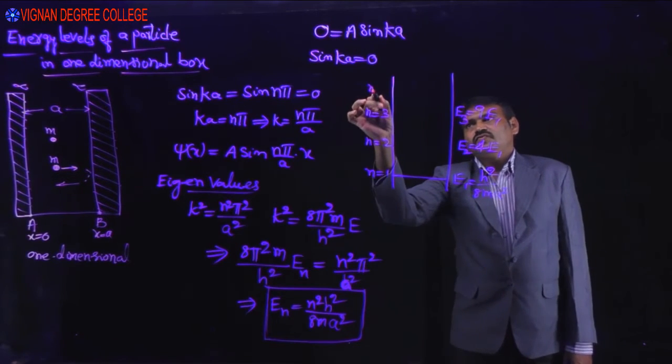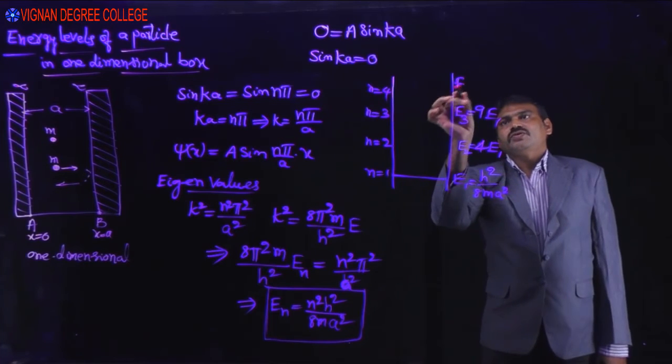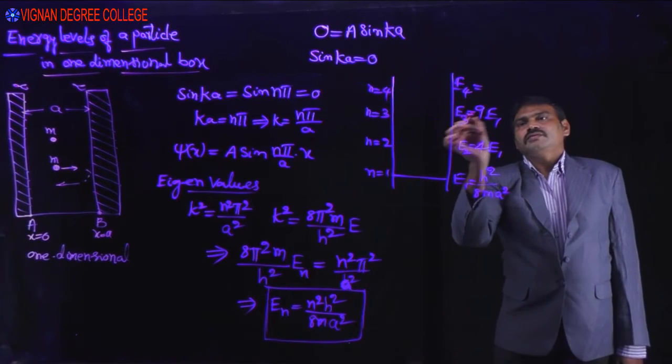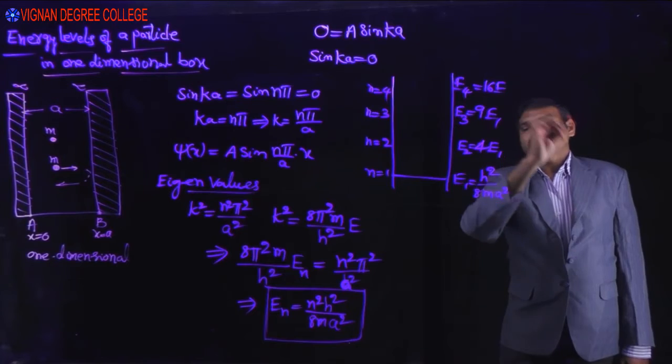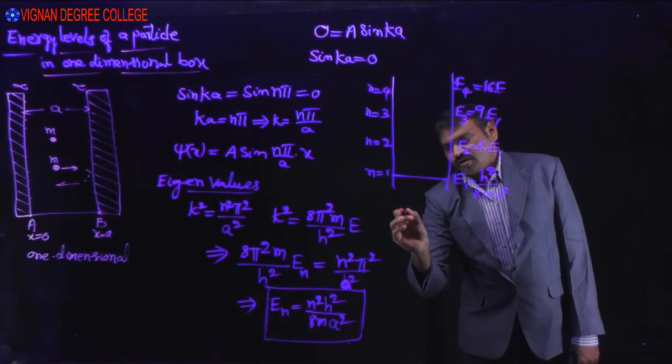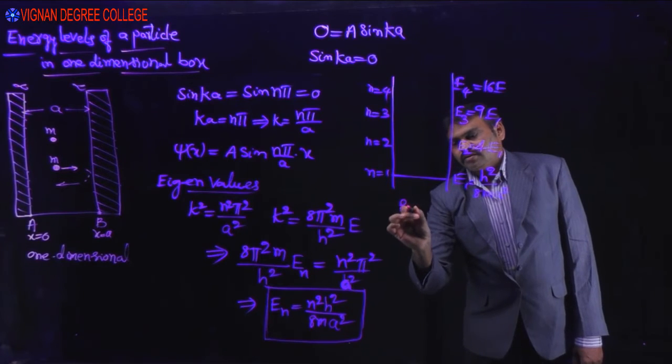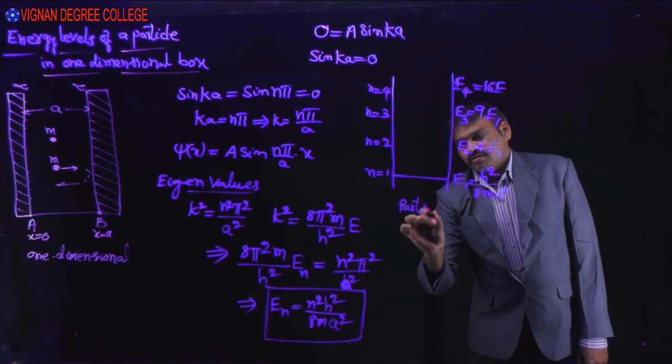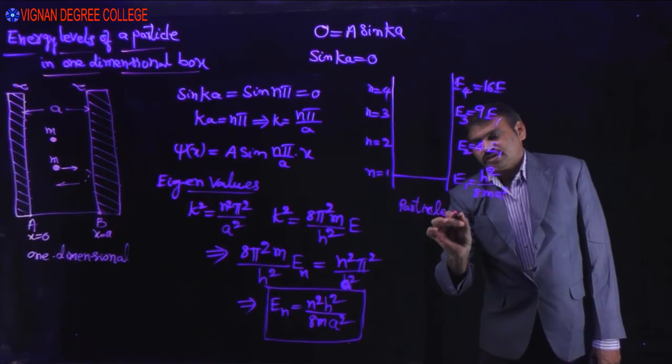If n is equal to 4, E4 is equal to 16E1. In this way, you can draw the energy level diagram of a particle in one dimension.